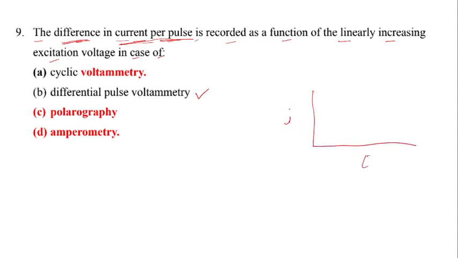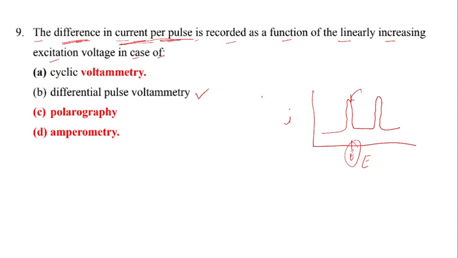So if you plot the graph between current and voltage, you will get a peak when the reaction is happening. This technique is more sensitive, so you can identify the particular voltage where this reaction is happening, very accurately.